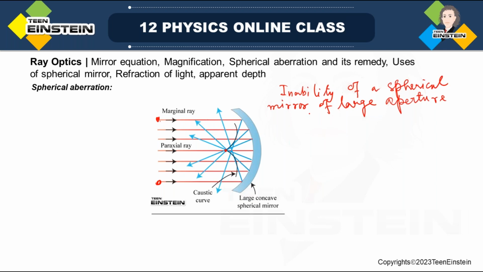Inability of a spherical mirror of large aperture to bring all, or to focus, all the rays of a wide beam falling on the mirror.